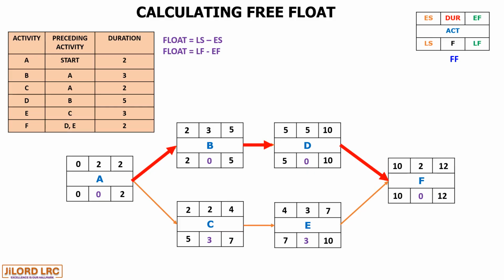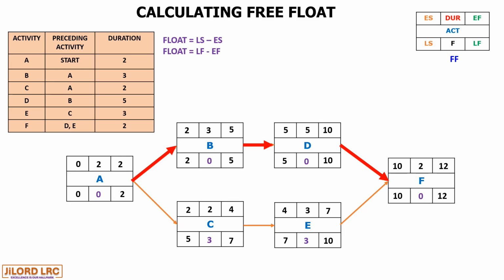The critical path as determined was A, B, D, and F. And the floats along A, B, D, and F are 0. So that is the critical path, and the non-critical path, which is C and E, have floats as 3 for C and 3 for E.